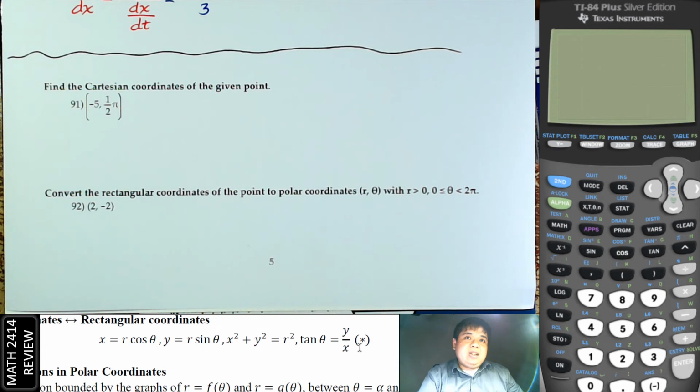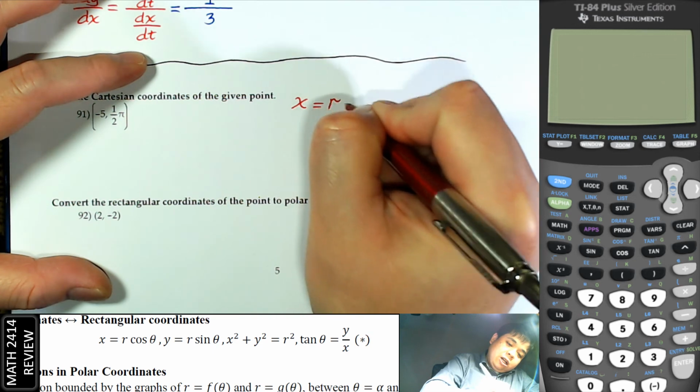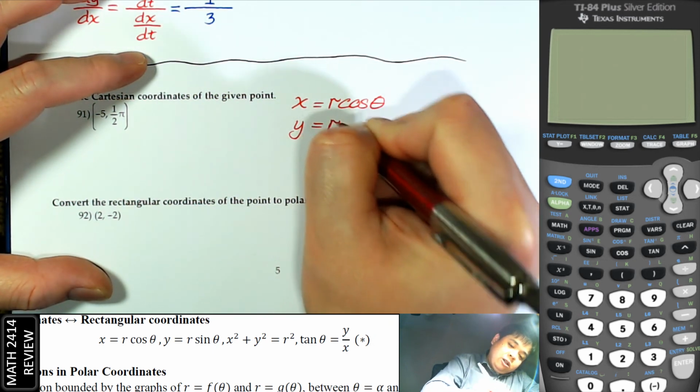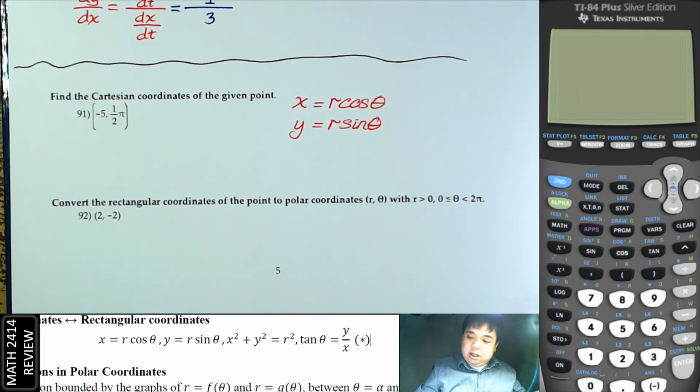The asterisk here means we must make sure it is in the right quadrant when we do that. In this case, we have x equals r cosine theta and y equals r sine theta. This is r, this is theta.